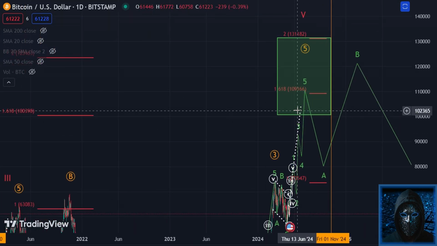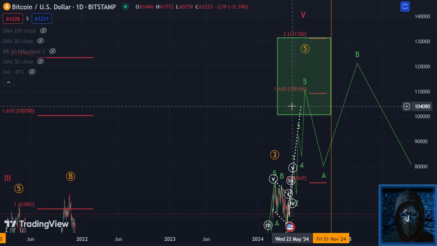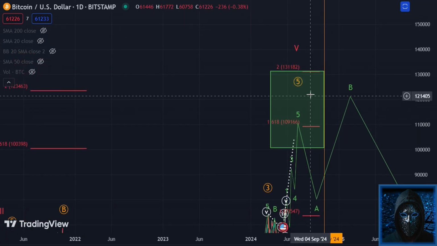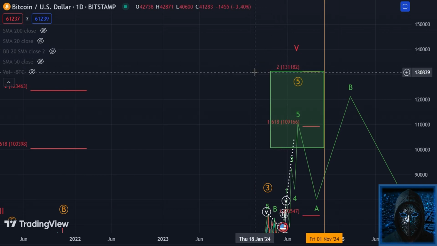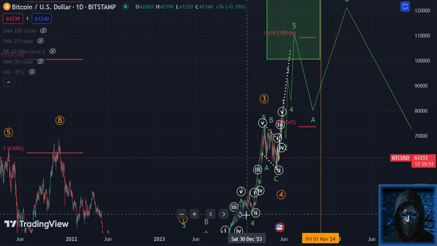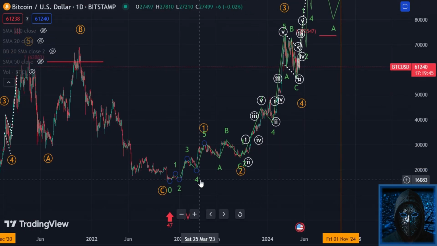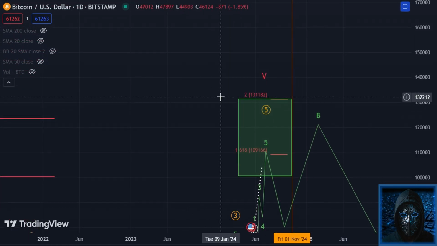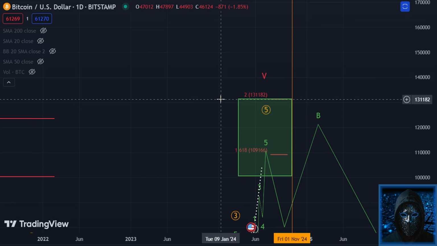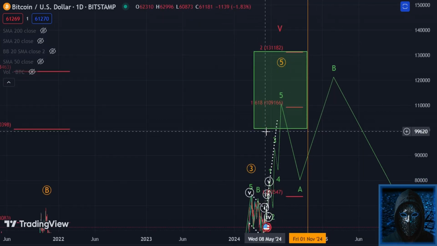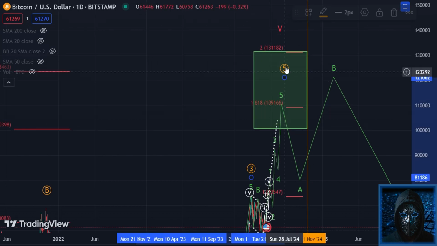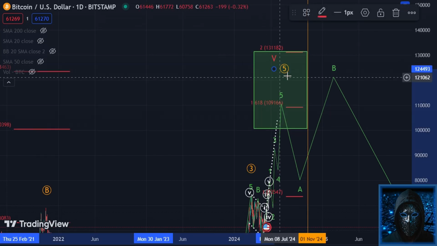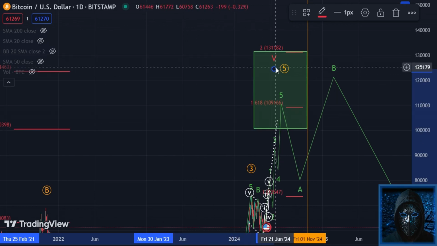We have the bull flag coming in at 104,000, and we have the 200% extension of the 1 and 3 of the lower degree count coming in at 130,000. So this is a good target zone for this wave 5 of 5 for this bull run.